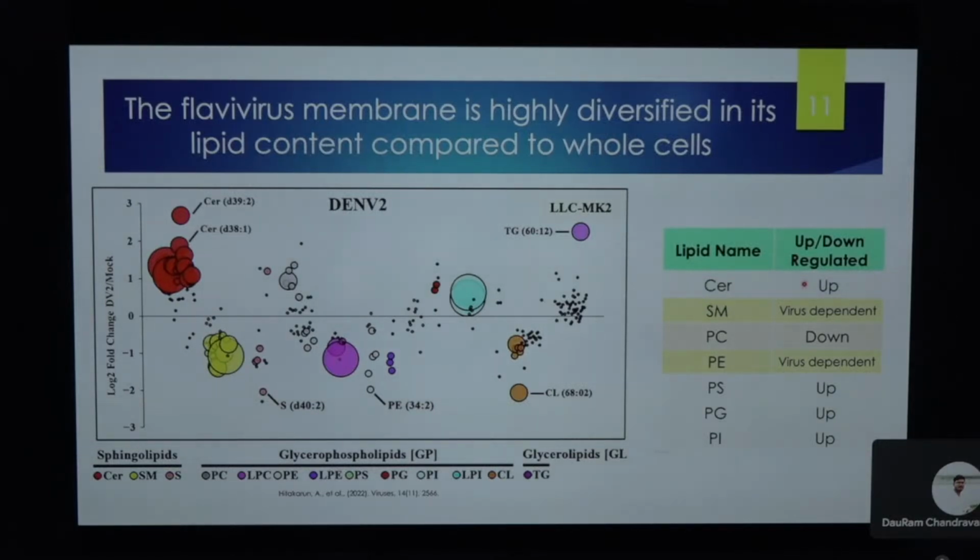So much more ceramide is found within the virus membrane compared to the cell membrane, as well as the negative lipids, phosphatidylserine, glycerol, and inositol, which are upregulated or highly enriched within the virus membranes compared to cellular membranes. And phosphatidylcholine, which is the primary building block of pretty much all membranes within cells, the most abundant form of lipid, is actually downregulated within the virus membrane.